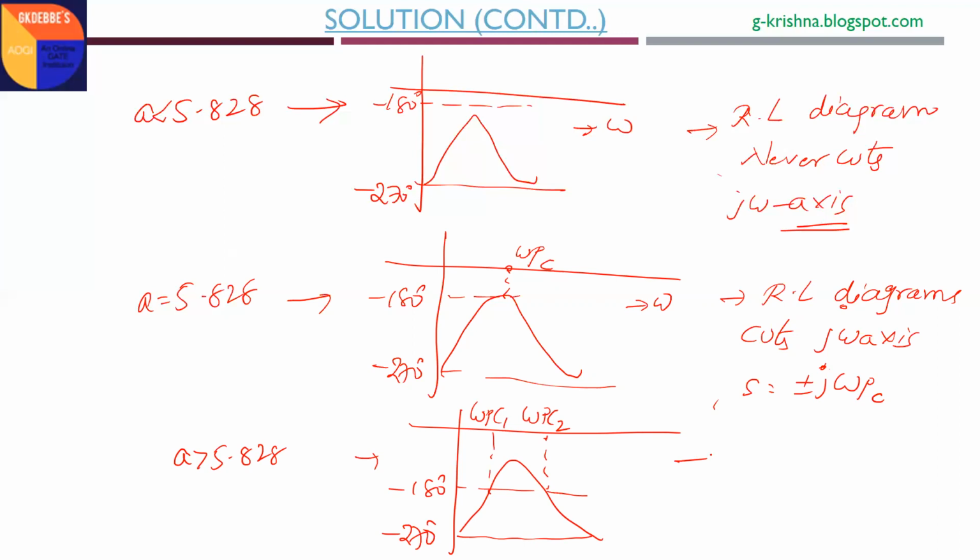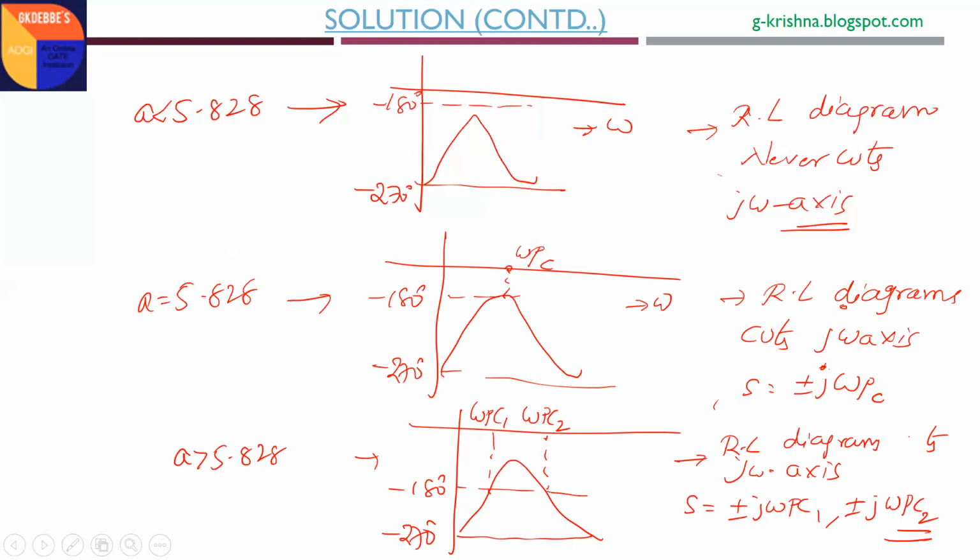Hence, the root locus diagram cuts the j omega axis two times, that is plus or minus j omega pc1 and plus or minus j omega pc2, which means there will be two values of gain k for marginal stability.